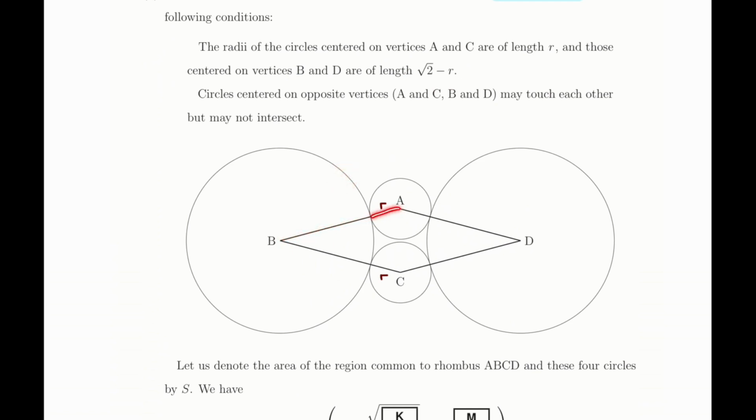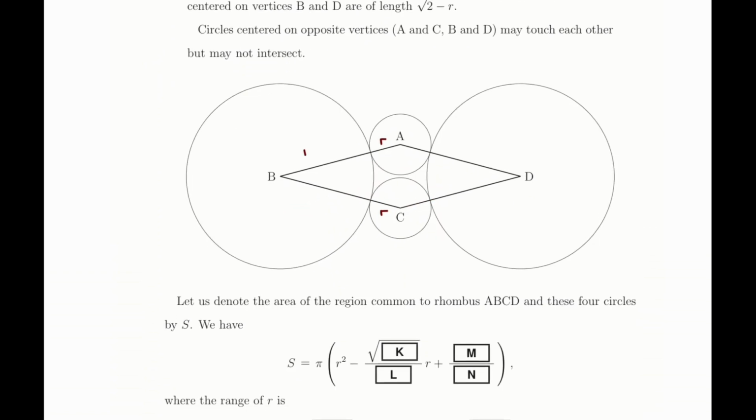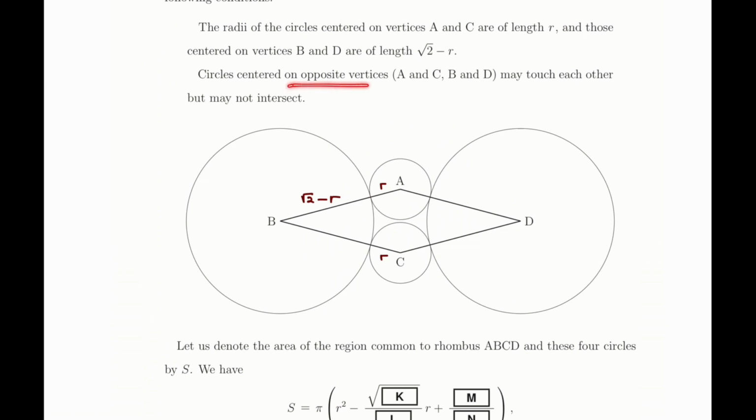Since this length is R, that means the radius of this larger circle is square root of 2 minus R. Circles centered on opposite vertices may touch each other but may not intersect. So if you see here, this circle and this circle may touch each other but may not intersect.